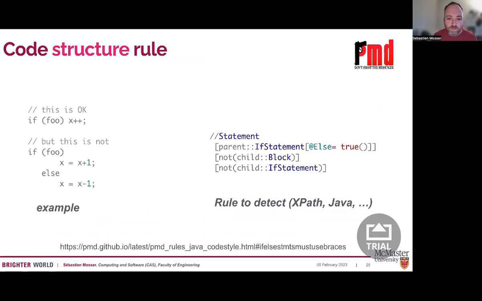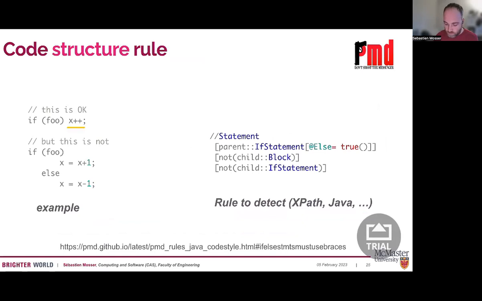What tools like PMD can do for you is basically enforce things like code conventions. You want the code to be readable, which is a good quality attribute, and part of readability is respecting the convention. In Java, you can of course write an if without brackets, but that is not really good.